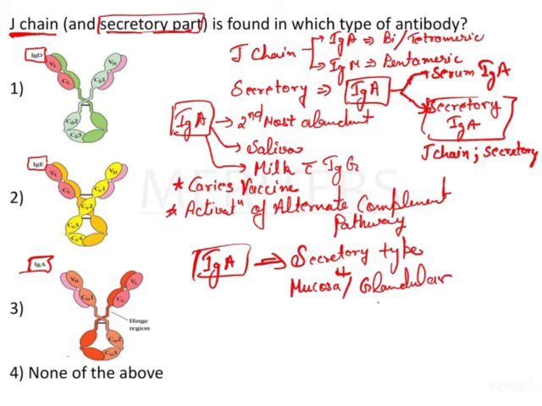It is very important, and this basically protects the immunoglobulin A from proteolysis. So that is very important to understand: why it is secreted from mucosa and glandular epithelium, to protect the secretory part or the immunoglobulin A from proteolysis. So these are very important things about immunoglobulin A which we have to remember.